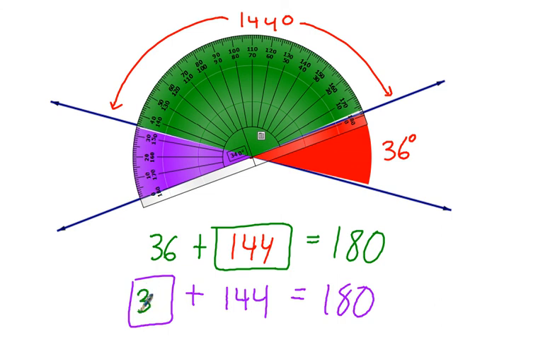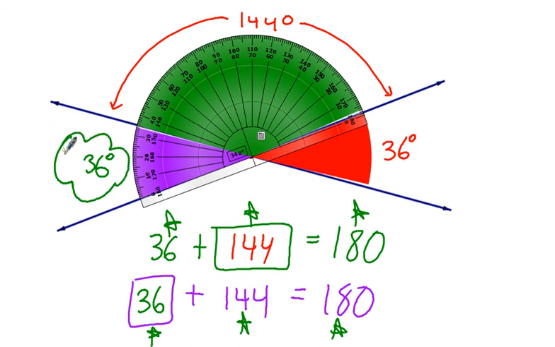It's got to be 36. In other words, if the sums are the same and one addend is the same, then the other angles just have to be the same. And that is the theorem that we're going to prove in this video: that 36 matching 36 is not a coincidence. It had to be that way. There's no way around that.